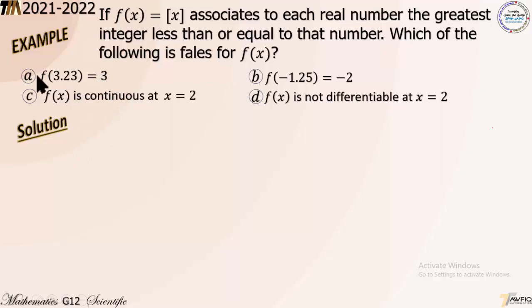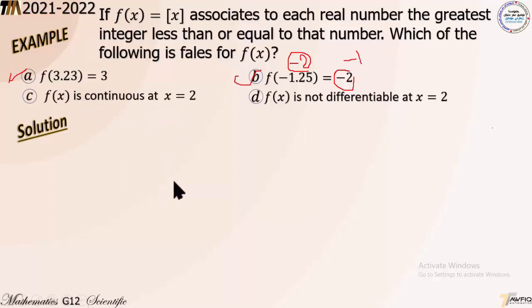That means it is true. And now we have f of minus 1.25. This number is between minus 2 and minus 1. We are taking a smaller one, which is equal minus 2. It is true too. f of x is continuous at x equal 2.